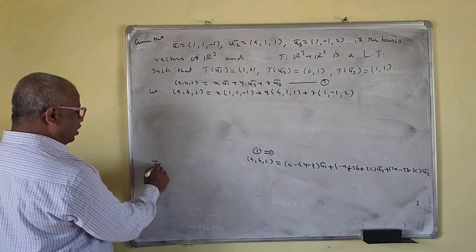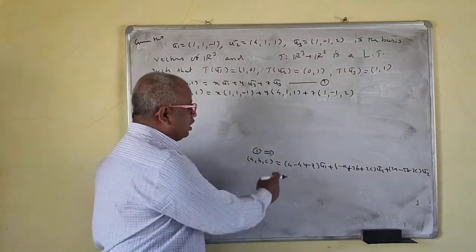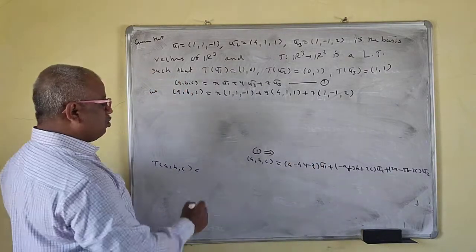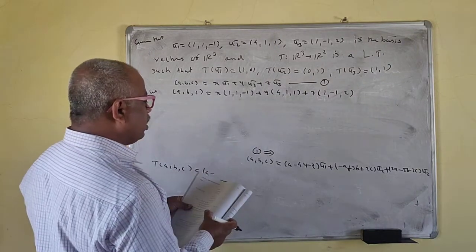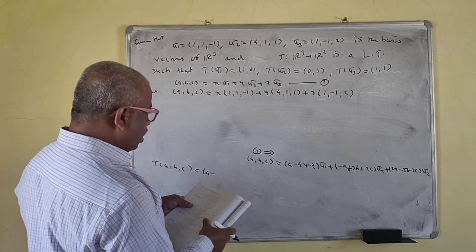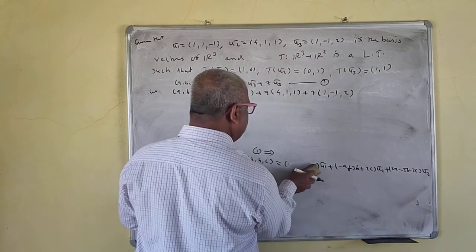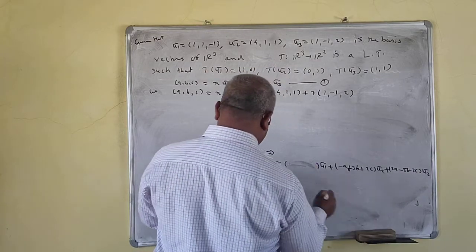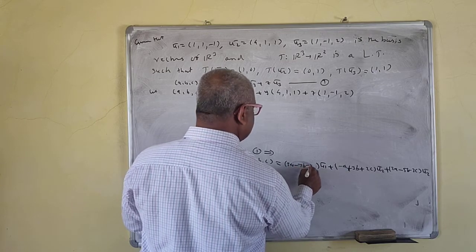Now T of (a, b, c). Something is wrong here actually, so you have to write the correct value. Your x is 3a minus 7b minus 5c.